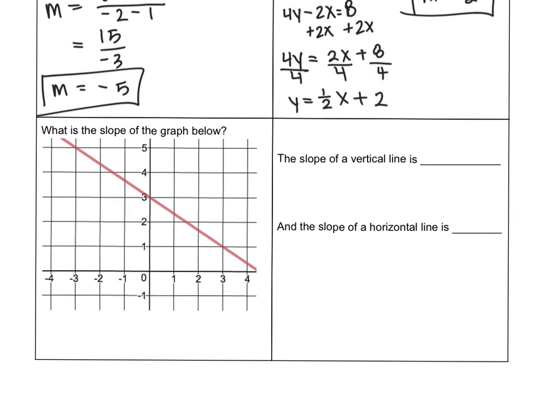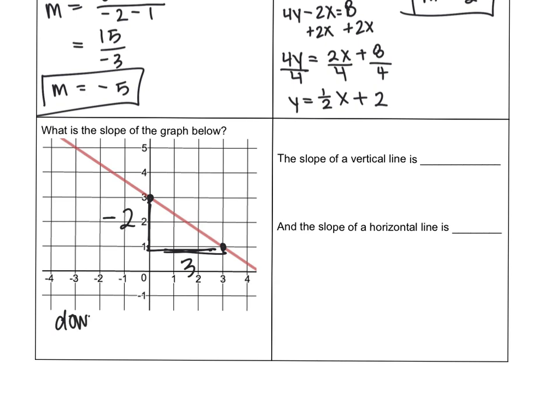Next, we want to talk about identifying slope from a graph. So the easiest way to do that is to pick two whole number points. And if the y-intercept is a whole number, that's always a good place to start. So I found 2 points. Next, I want to figure out what I have to do to get to those 2 points. So I have to go down 2, and I have to go right 3.